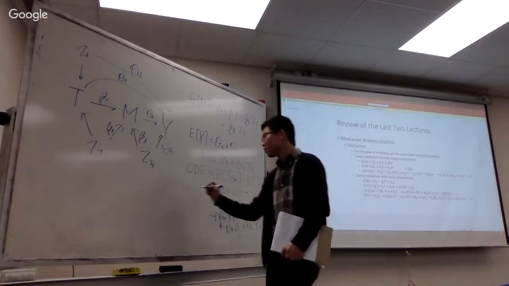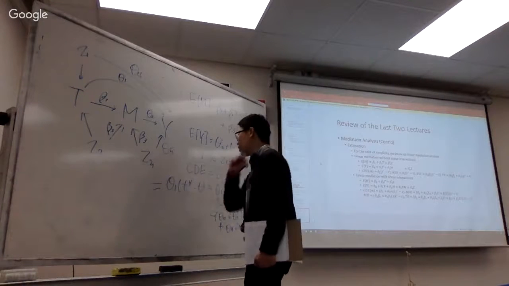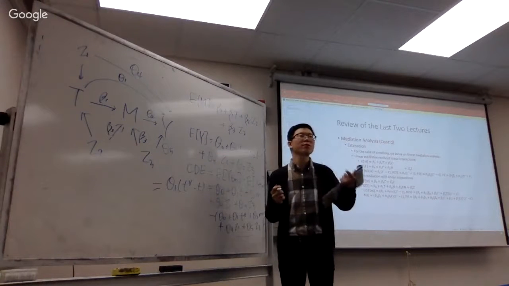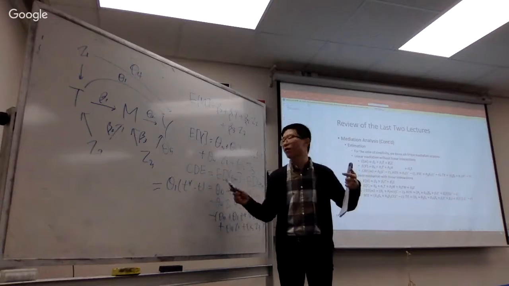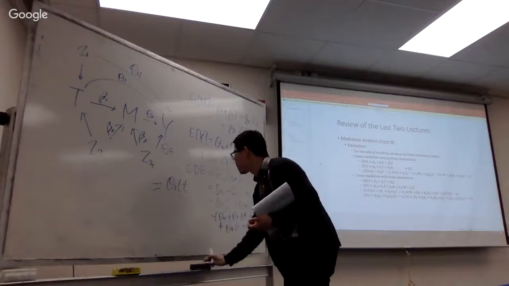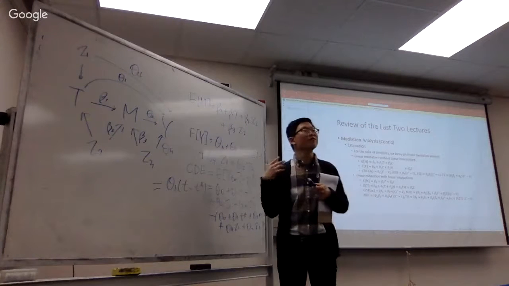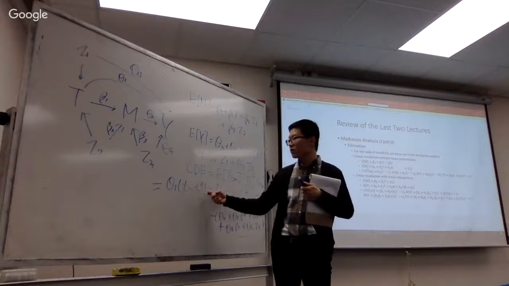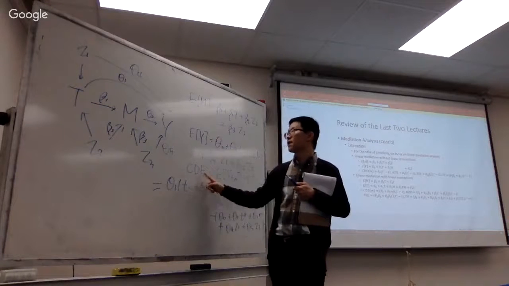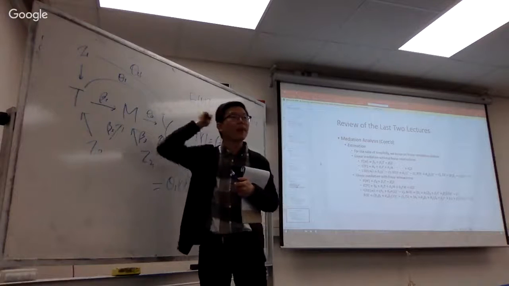If you calculate this, then you would have theta 1 times t minus t asterisk. When the treatment is a binary variable, and you are moving from 0 to 1, then CDE would be theta 1. Good.